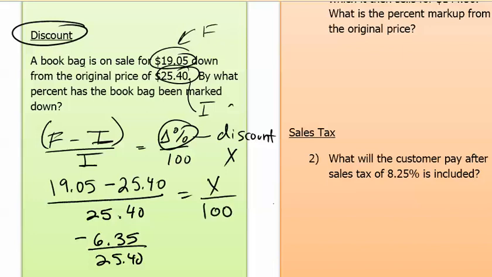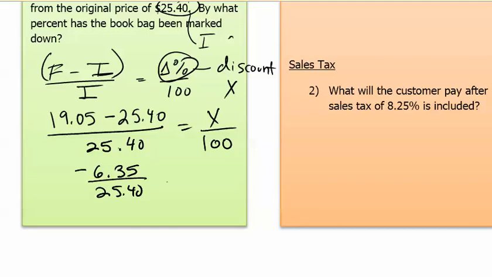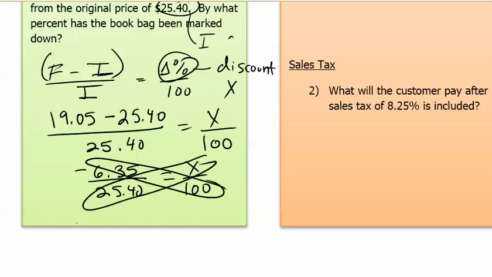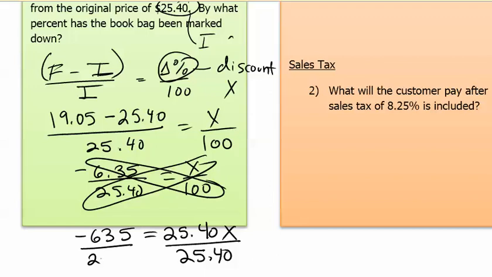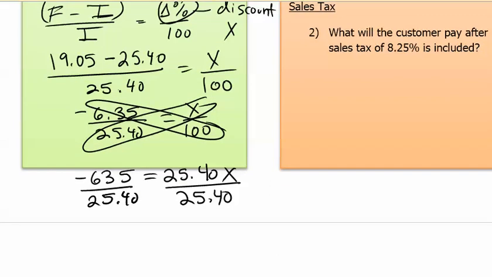We remember that we were calling our discount X in this case, so we want to find out what the discount actually is. Since a percentage is always compared to 100, 100 is what our percent change is compared to. Once we've simplified our equation, we have negative 6.35 times 100 equals X times 25.40. Negative 6.35 times 100 comes out to negative 635, so we have 25.40 X. Now let's divide by 25.40 to find X. Go ahead and take a second to do that.